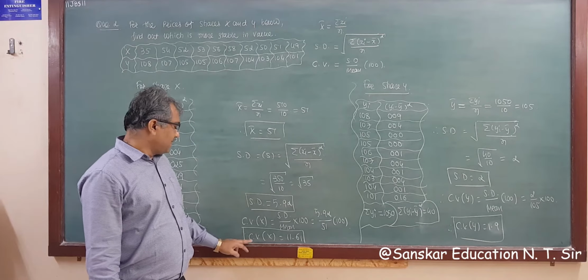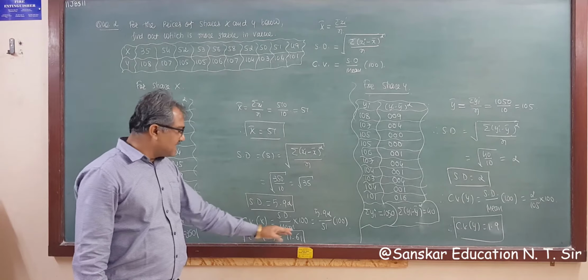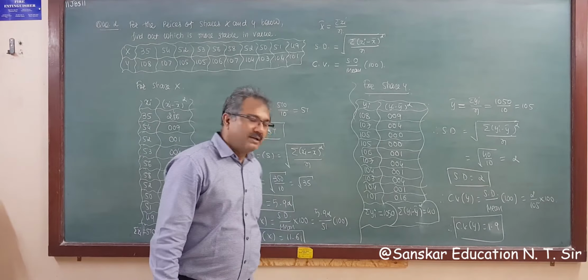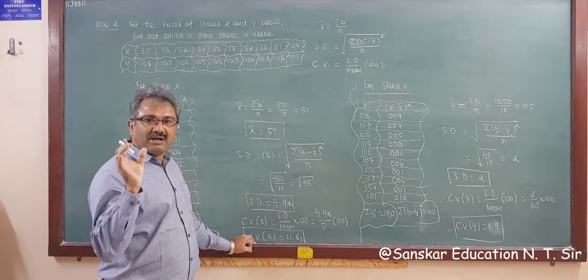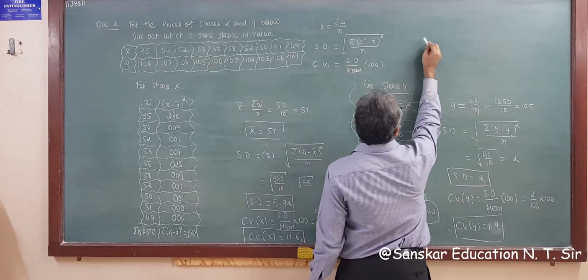So now see, CV of y is less than CV of x. This is in percentage, but we are not writing the percentage, right? So CV of y is less than CV of x. So the y set is more stable in value, right? So I am writing the answer here.